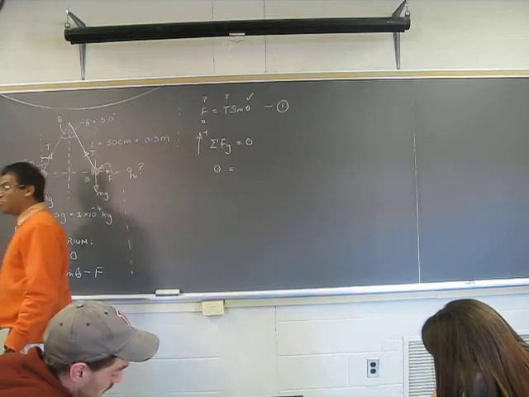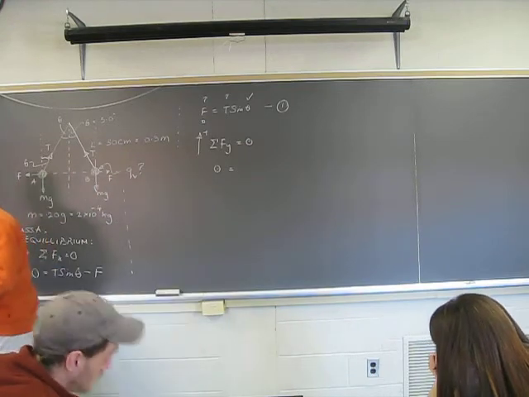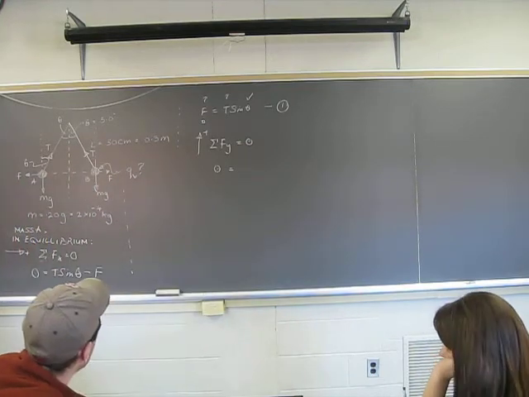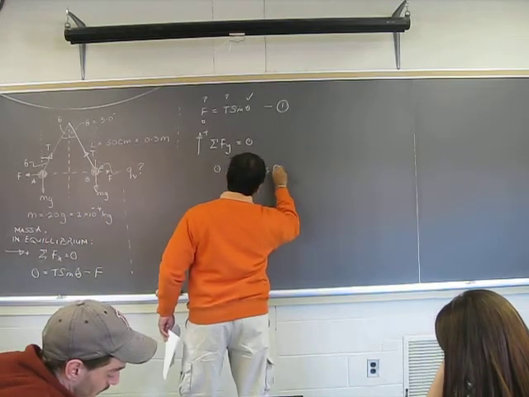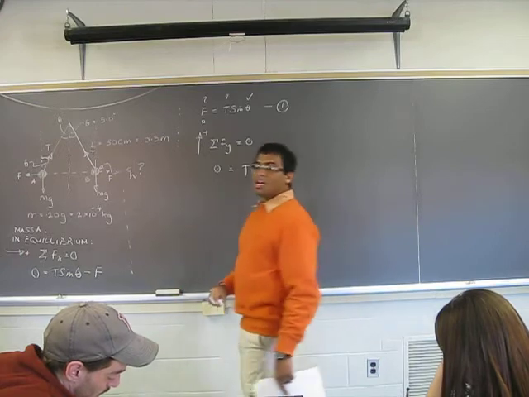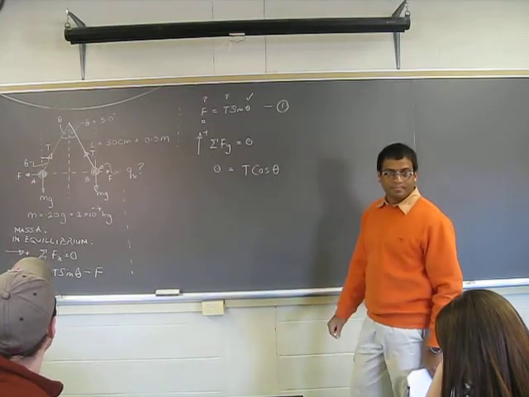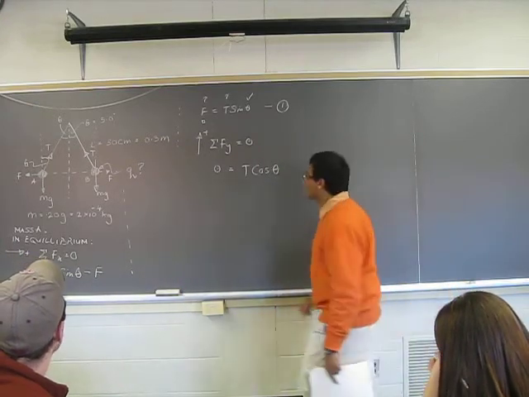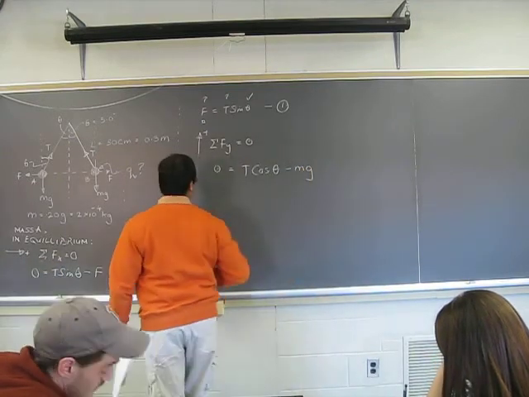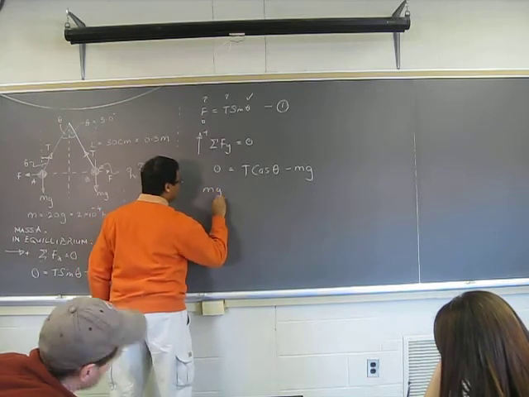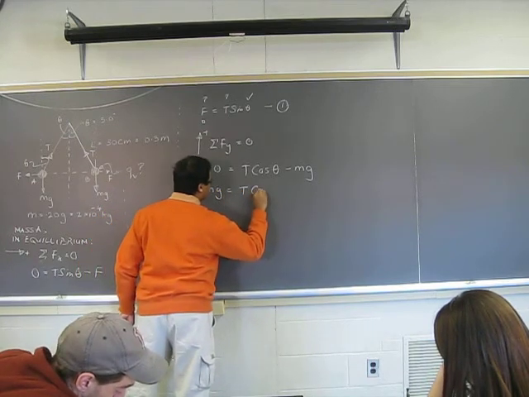Now let's go one step more. The cosine of the tension. Beautiful. T cos theta. What would work in the negative direction? mg. So we will take this onto the other side. I have mg equals T cos theta.